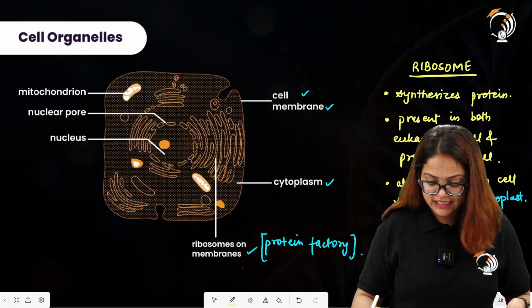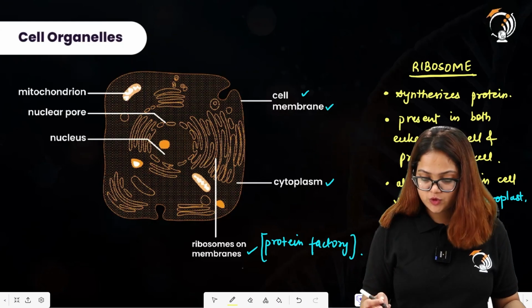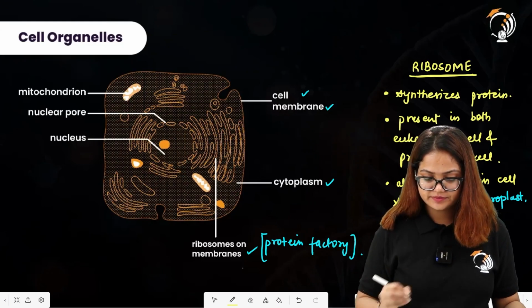So these are the two cell structures which have the ribosomes in them.